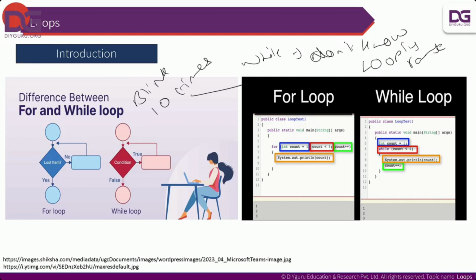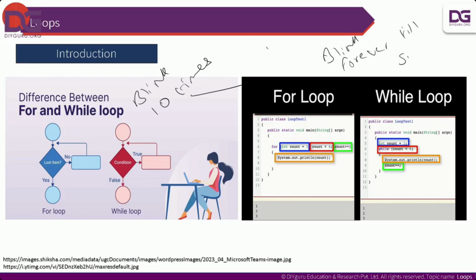But in another case, I need to blink the LED until I press a switch. That is when I use a while statement: blink forever till the button switch is pressed.